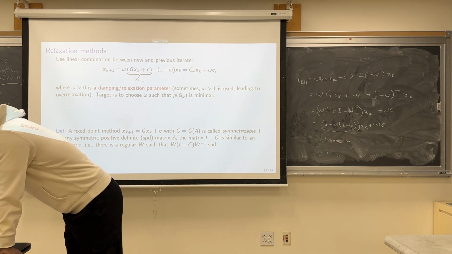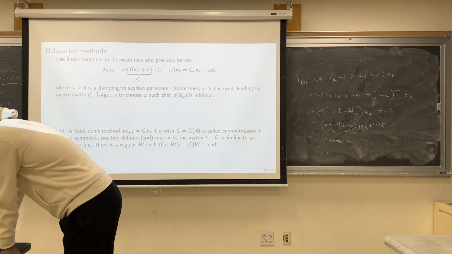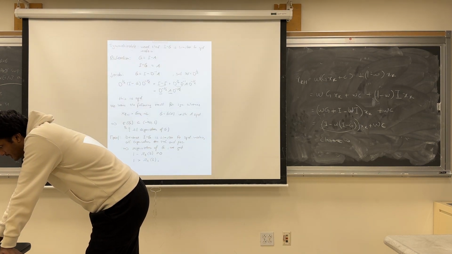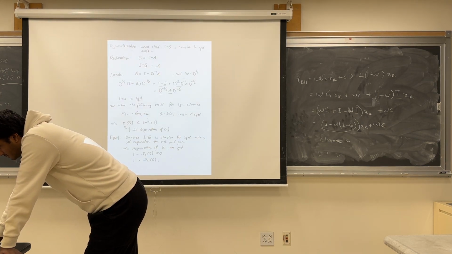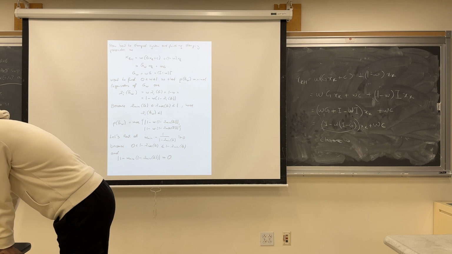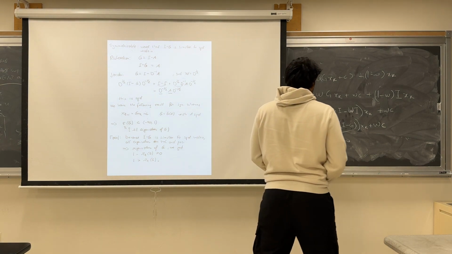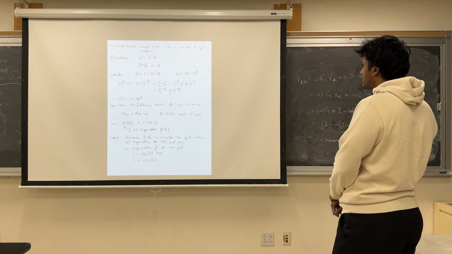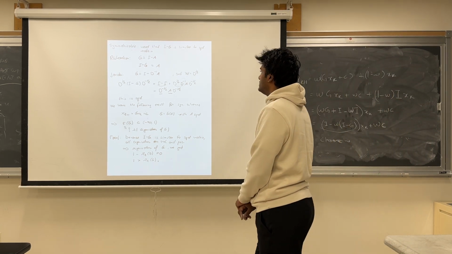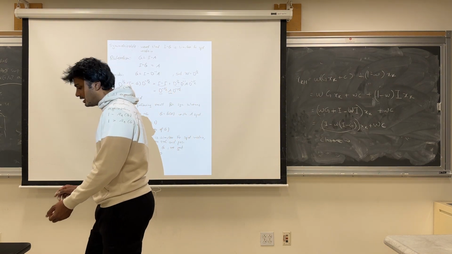I understand. Why was this necessary though? Choose omega such that this is SPD. Why was this needed? Symmetrizable needs that I minus G is similar to an SPD matrix. Why do we need this to be symmetrizable?